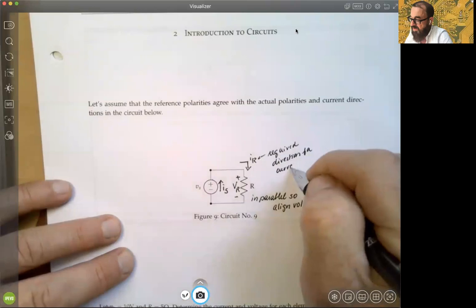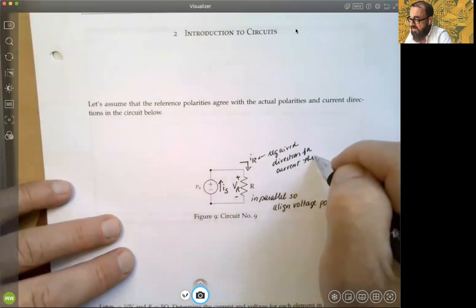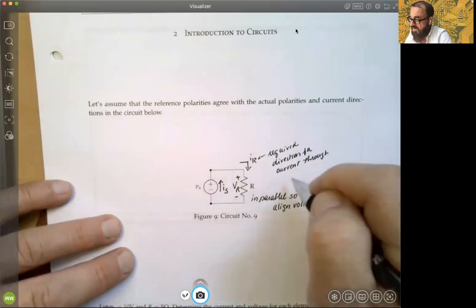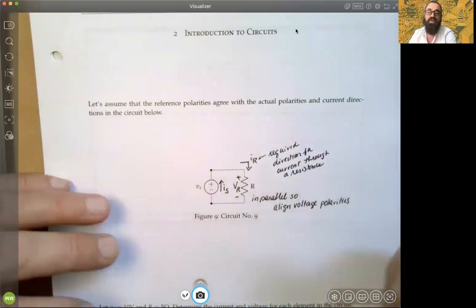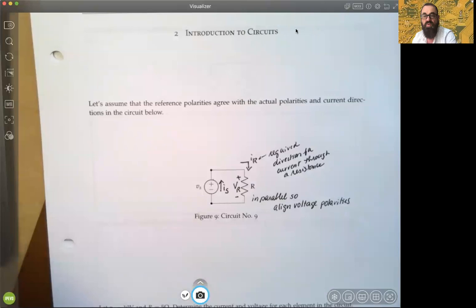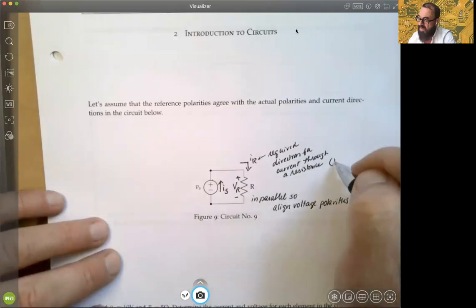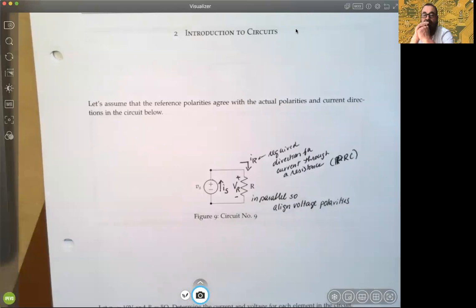for the current through a resistance. And this is not arbitrary here because it has to absorb energy. That's the whole point of the resistance. You've got to make sure it's in, whoops, almost missed it, PRC. You've got to make sure you're in PRC.